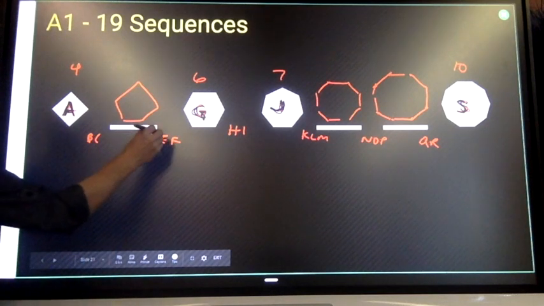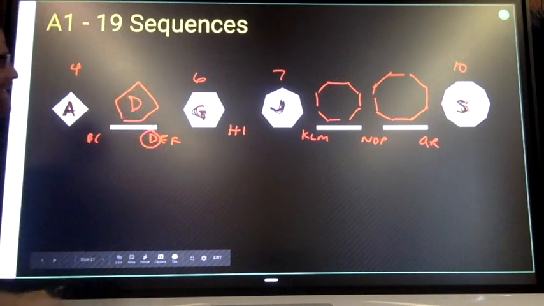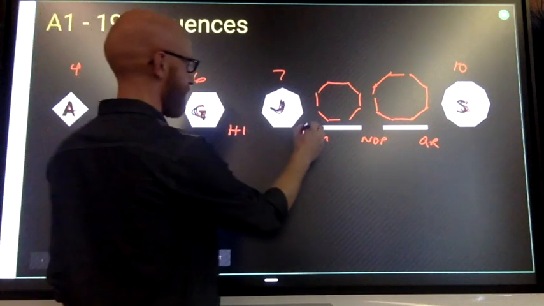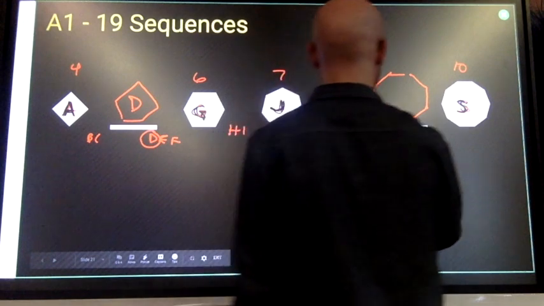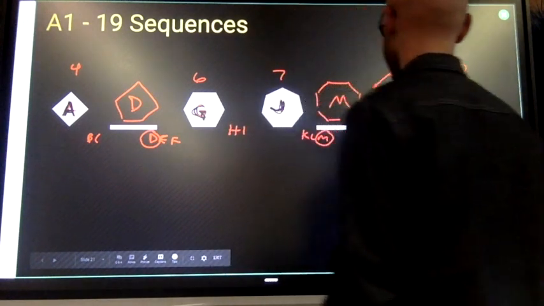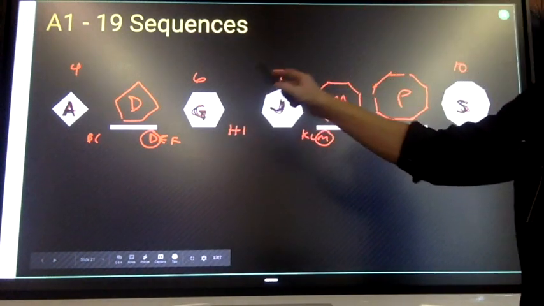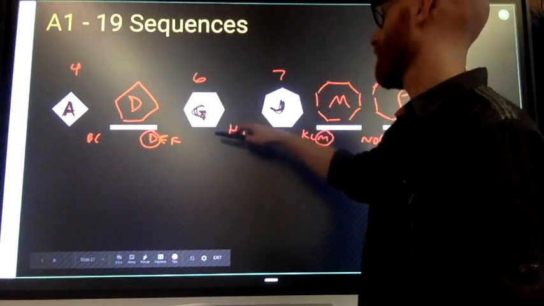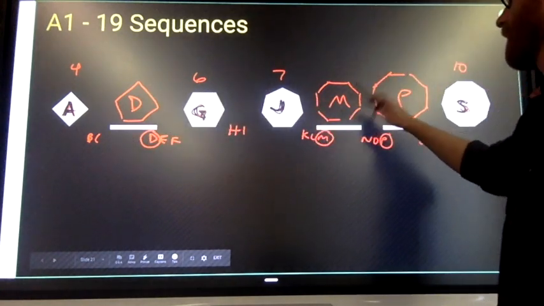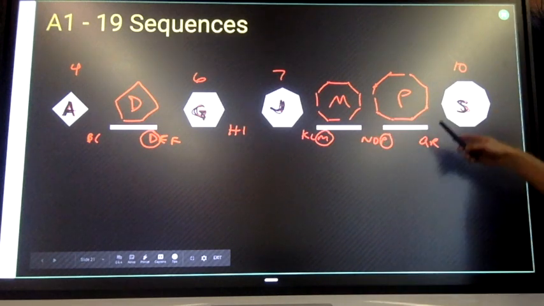I think if I take this D, M, P, and just be counting up by threes. B, C, D, E, F, G, H, I, J, K, L, M, N, O, P. So it's kind of actually two arithmetic sequences.